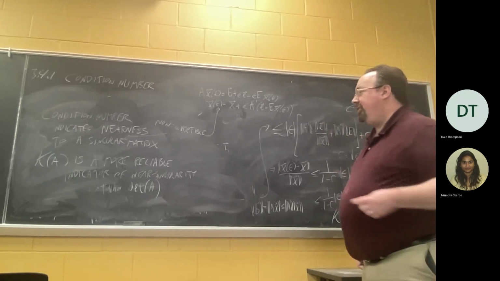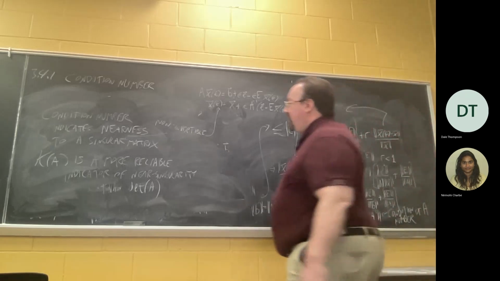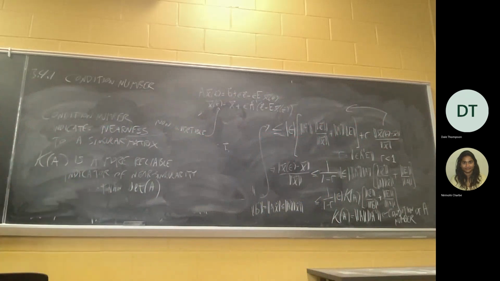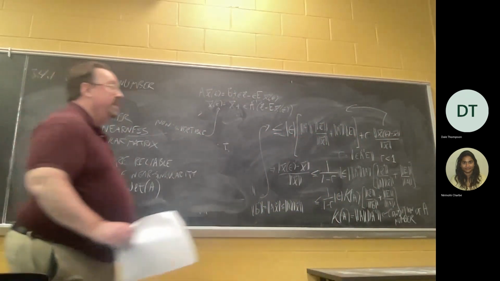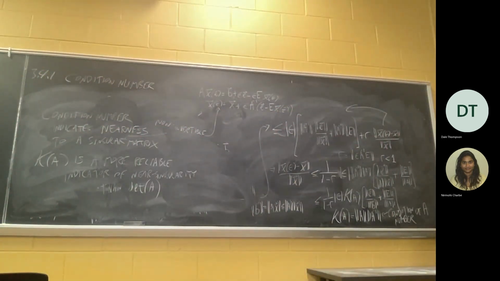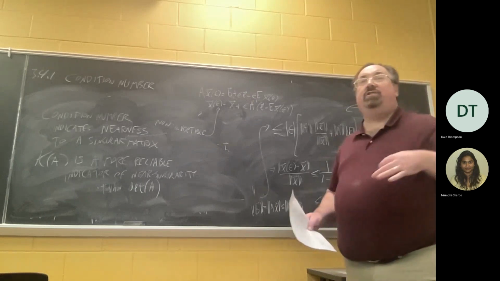There's an example in the notes where you have a matrix that is somewhat badly conditioned, and it's actually quite close to a singular matrix, even though the determinant of the matrix is nowhere near zero.